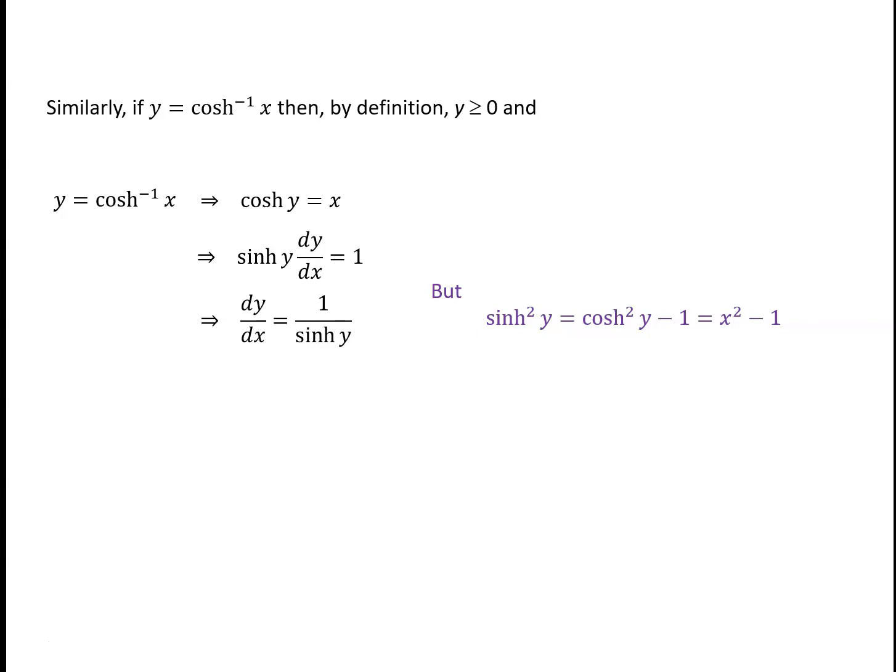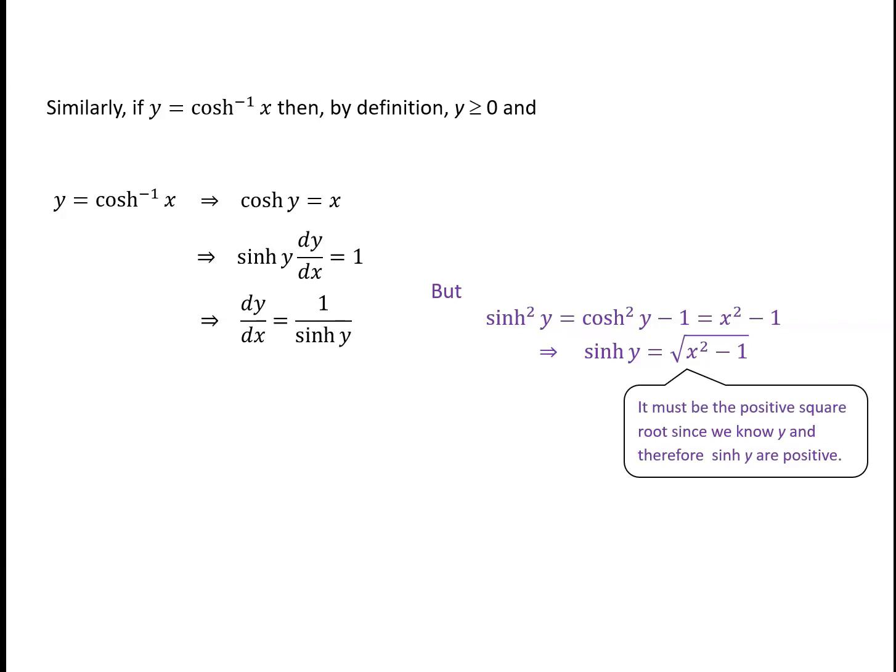And we have got, therefore, that sinh y is plus or minus the square root of x squared minus 1. But we know that y is positive, and therefore sinh y must be positive, so we can reject the negative root possibility.